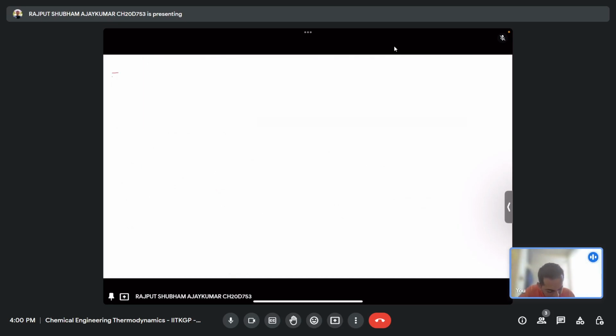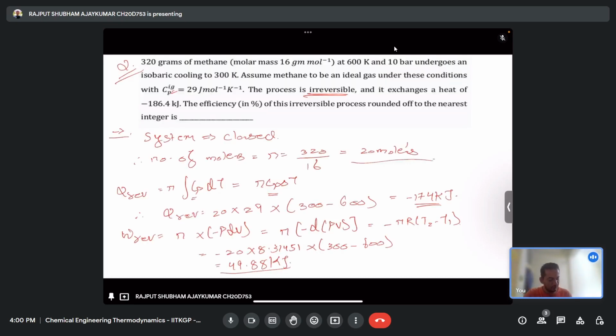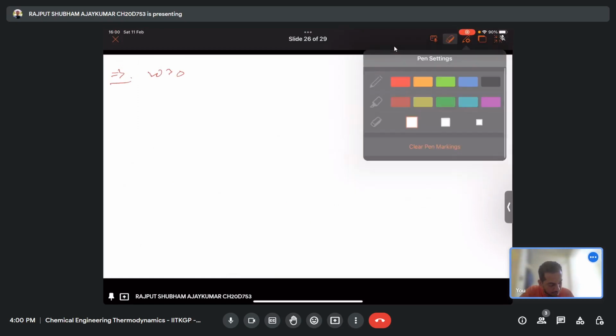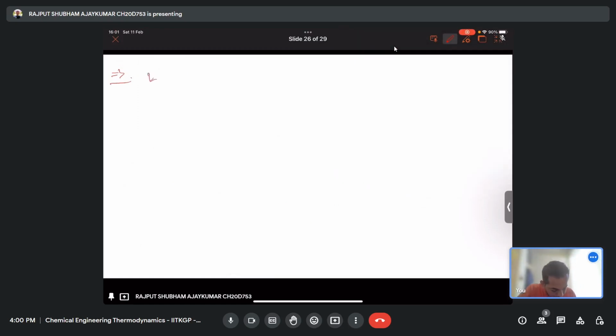Now, the main thing that has been given to us is that the work is greater than 0. You can see the work done during the reversible process is positive, so work is done on the system. So W is greater than 0.